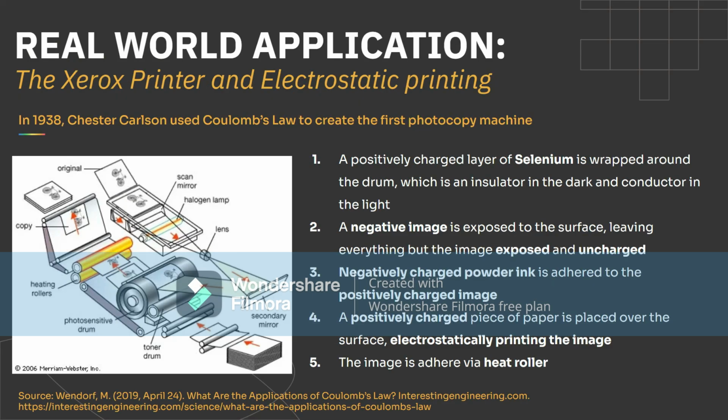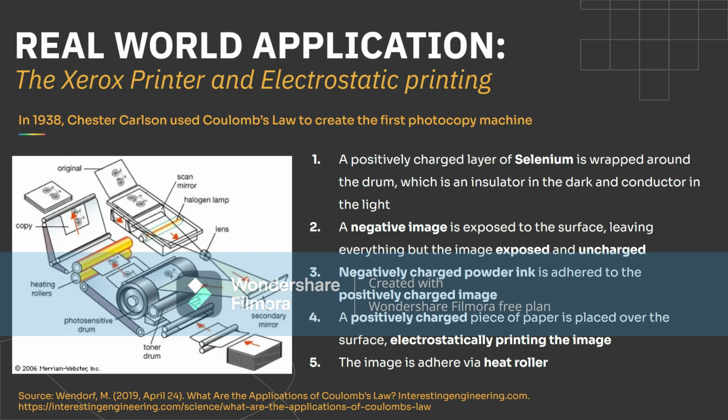Finally, I'd like to talk about a real-world application for electrostatic force, and this is the Xerox printer, which was discovered in 1938 by Chester Carlson, who used Coulomb's law to create the first ever photocopying machine. I have attached here a diagram of how these machines work, and I have also included step-by-step how this process is going to work.